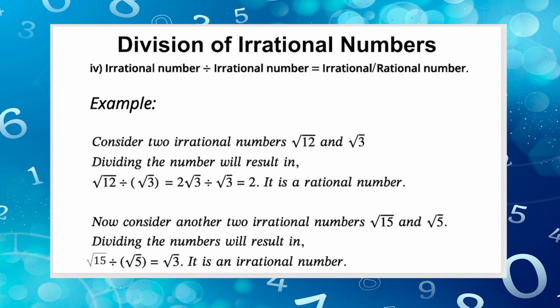To understand it more precisely, let's take one more example. On dividing root 15 by 5, what will we get? Root 3, which is an irrational number.